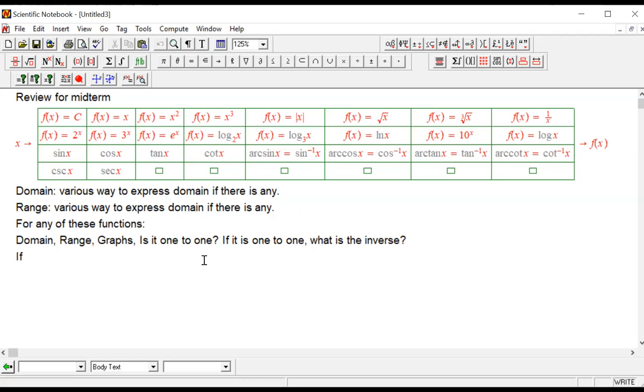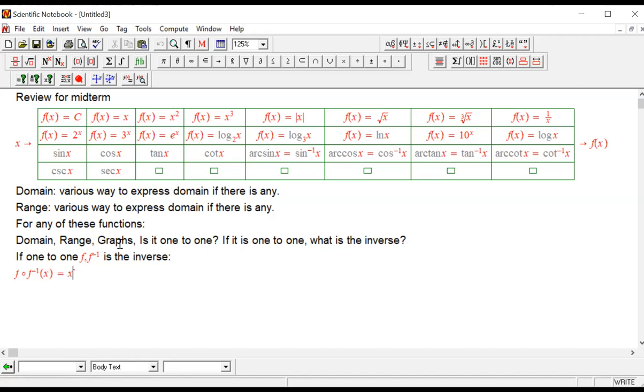So if we have a one-to-one function and its inverse, we have the following properties, and that following property we have explained.